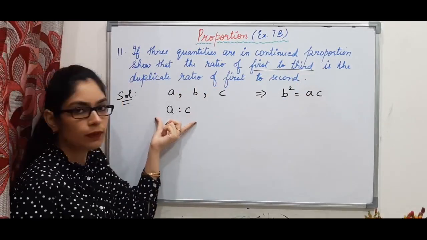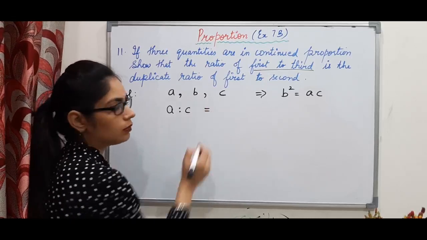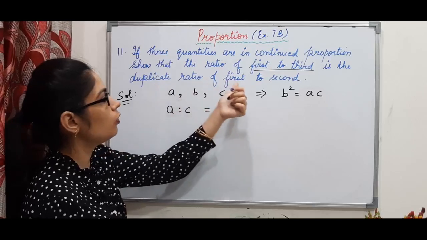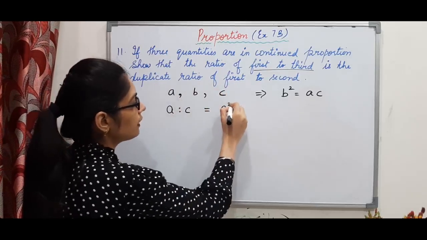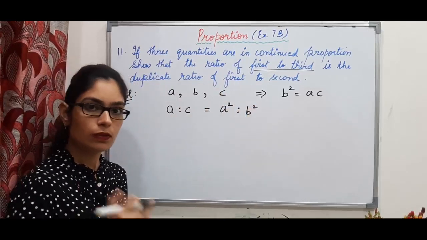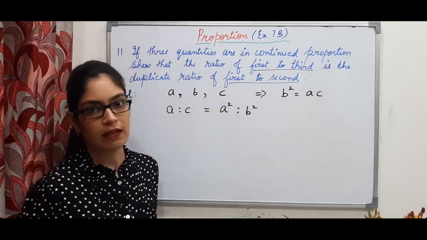See, if I have to do its duplicate ratio, I told you directly we have to square. But which square we have to do? Duplicate ratio of first to second. Duplicate ratio means square, but the square of first to second I have to do.